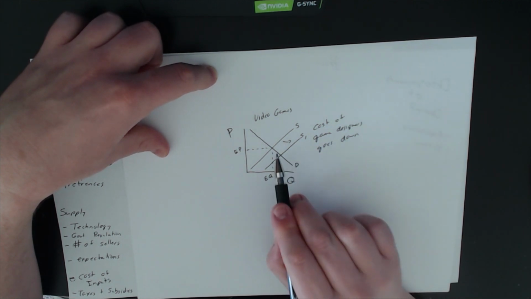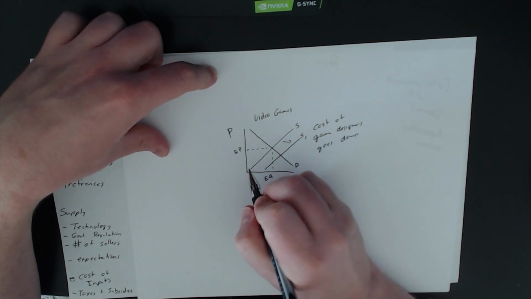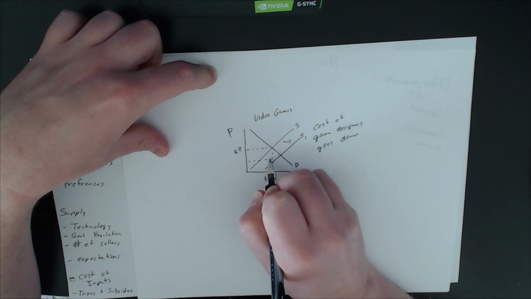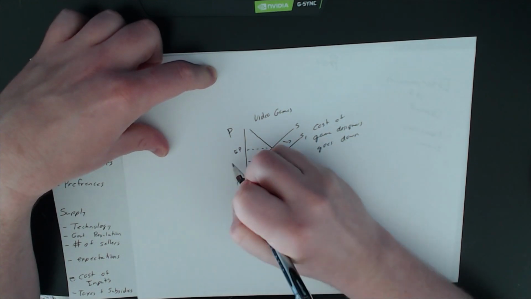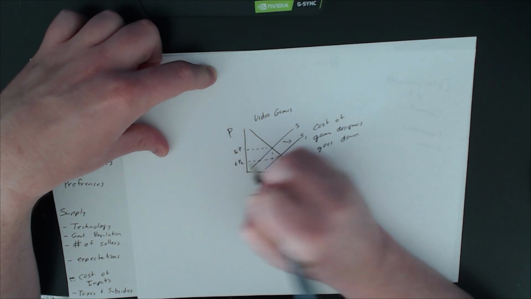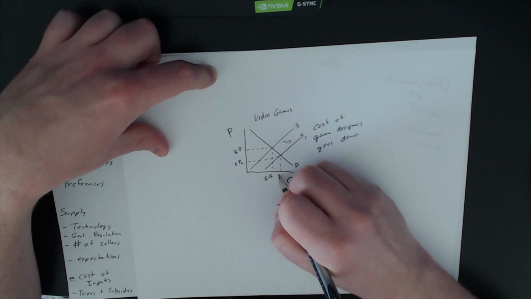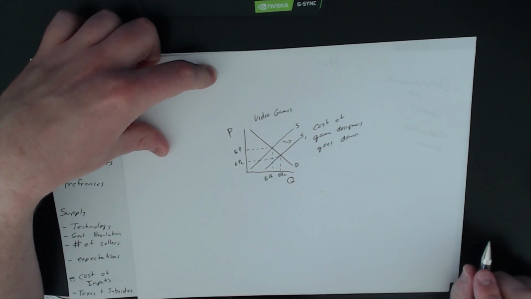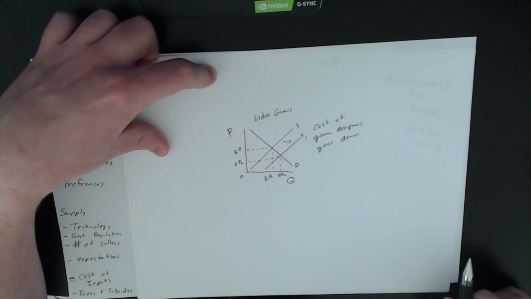So because of the shift, my equilibrium is going to change as well. So now I'm going to see at my new equilibrium, my price is going to go down, and my quantity of video games is going to increase. Because remember, right here, it's assumed that this is 0.